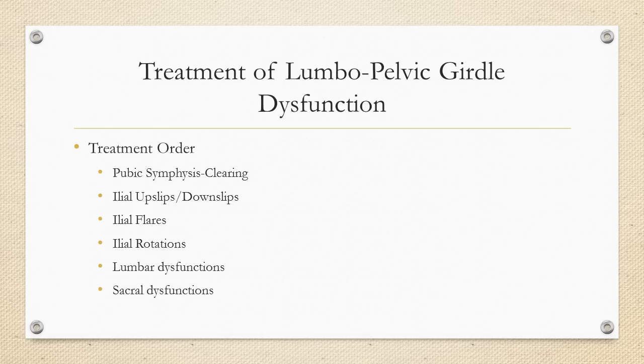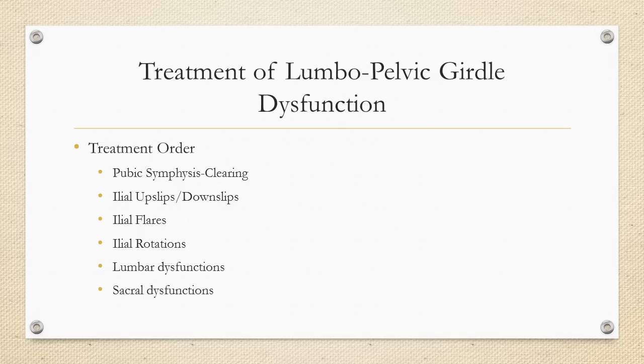Typically, what we want to do first is a pubic symphysis clearing, because clinical experience and osteopathic treatment approaches demonstrate that if the pubic symphysis is positioned on one side superiorly, inferiorly, anteriorly, or posteriorly, that tends to change the mechanics of the entire pelvic girdle. If we don't clear that first, and often look for that cavitation, this can basically lock up the pelvic girdle and cause abnormal joint mobility.